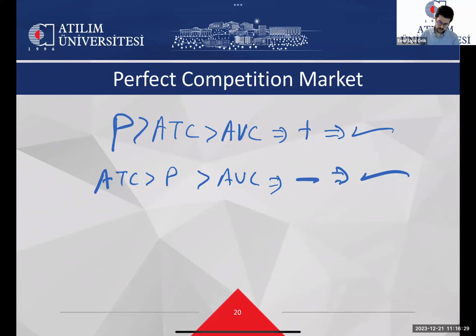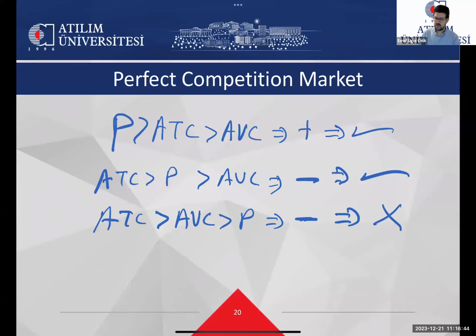That's why I continue to produce it. But at the condition average total cost greater than average variable cost greater than price, we get negative profit and we shut down our firm. That means we cannot cover the total fixed cost and total variable cost.